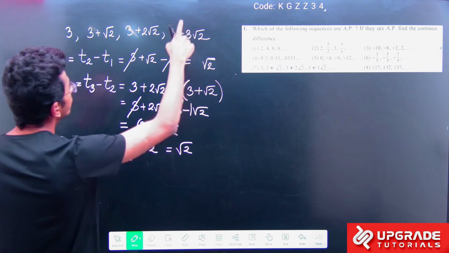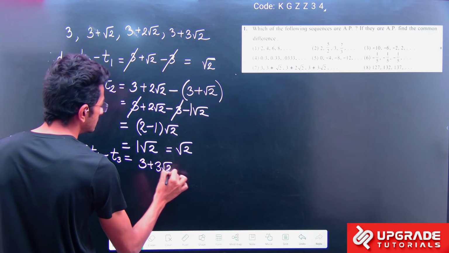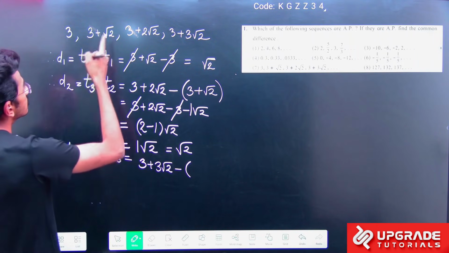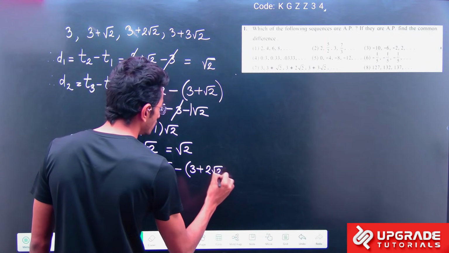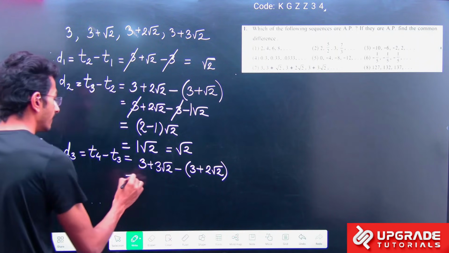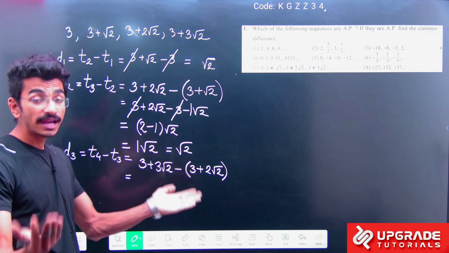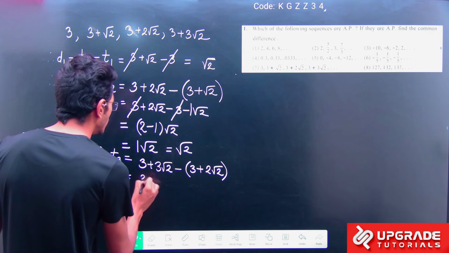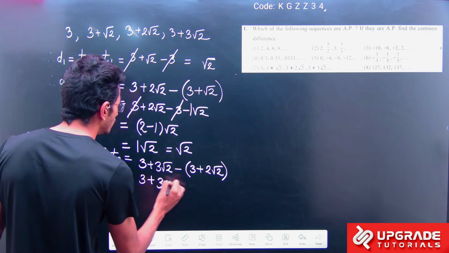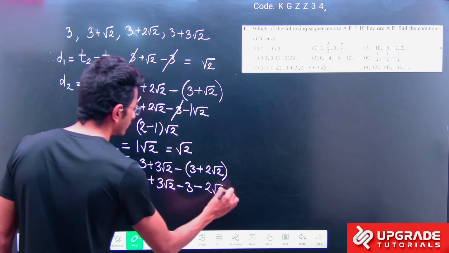Similarly, what is the fourth term? 3 plus 3 root 2. Similarly, minus the third term, which is 3 plus 2 root 2. Again, you have to open the bracket, but multiply each term by the minus sign: 3 plus 3 root 2 minus 3 minus 2 root 2.